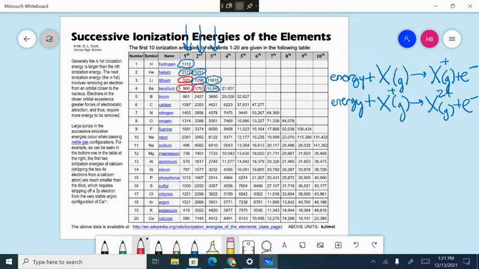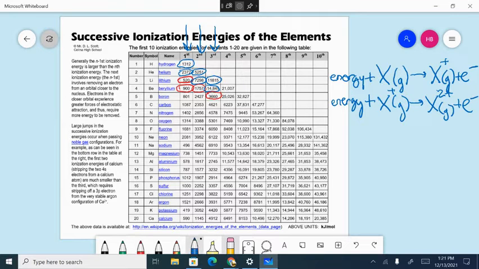So you can see that as you analyze the ionization energies, you can actually identify what element we're talking about because you're looking for that huge jump. So with boron, you've got 800, 2400, 3600, then 3600. They're going up in predictable amounts.